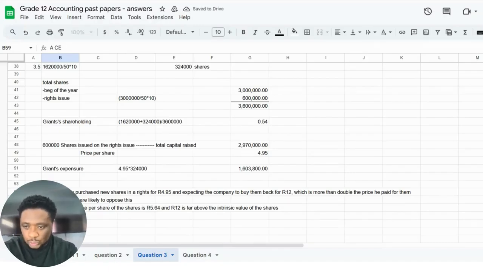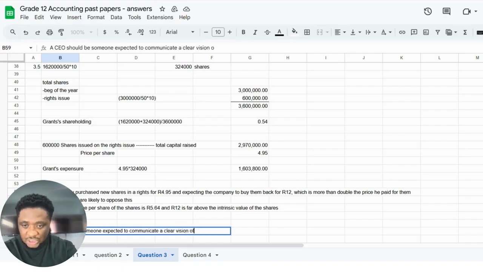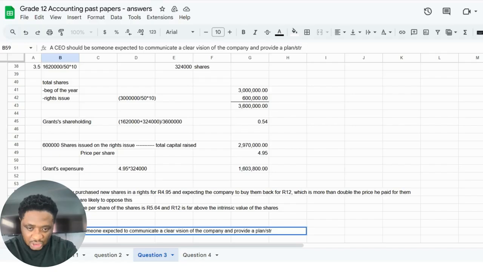A CEO should be someone expected to communicate a clear vision of the company and provide a plan or strategy to be able to achieve that vision.